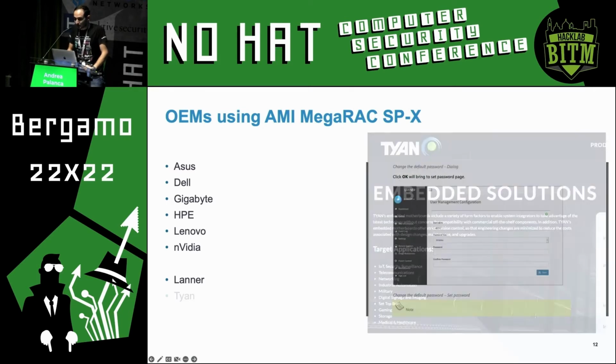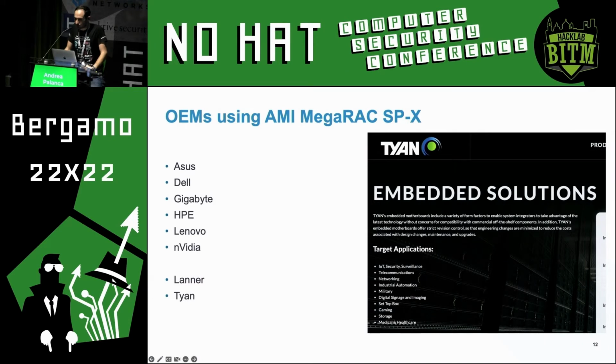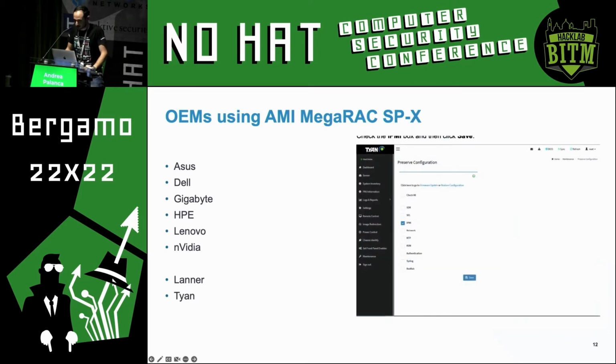Or here is Tyan. Tyan is another popular brand that is under the MiTAC holding group, and it has its own branch that develops embedded solutions that target, for instance, IoT, telecommunications, networking, industrial automation, military, medical, and healthcare. And guess what? Here is the MegaRAC SPX, again, in their own products.